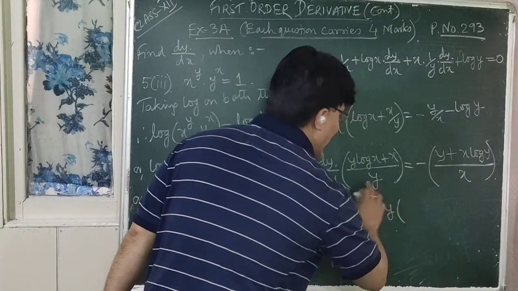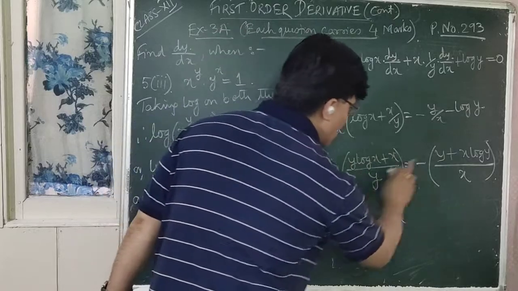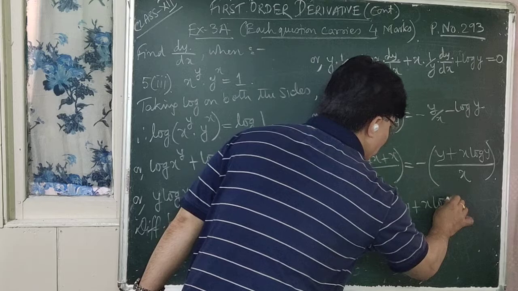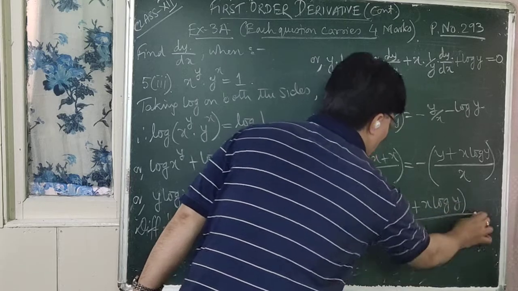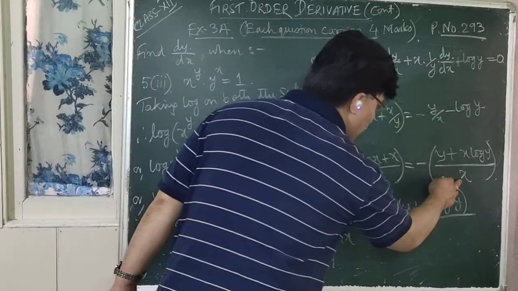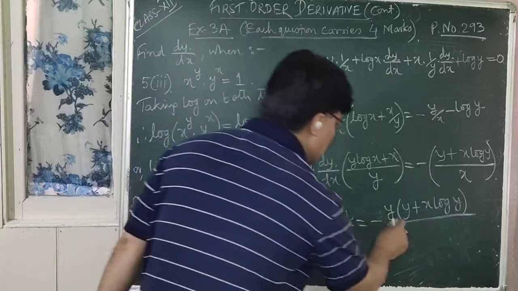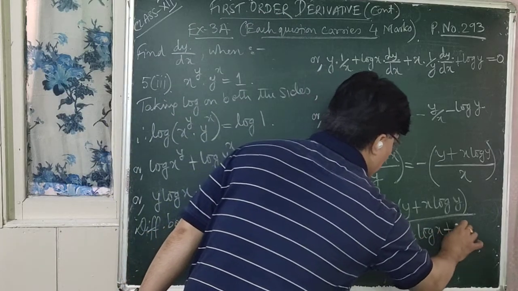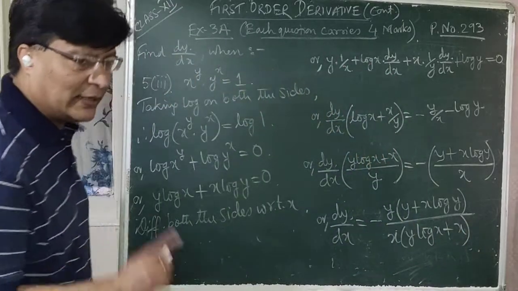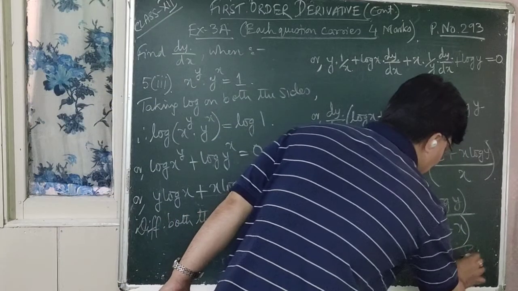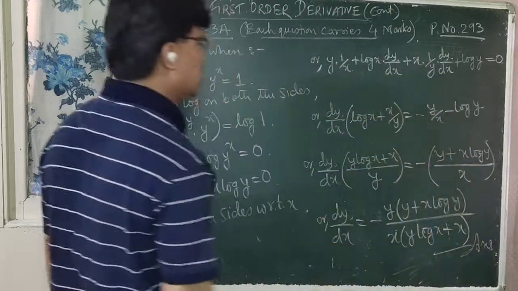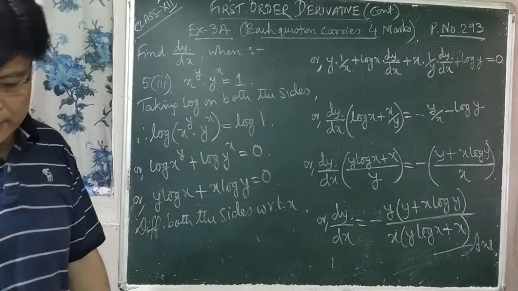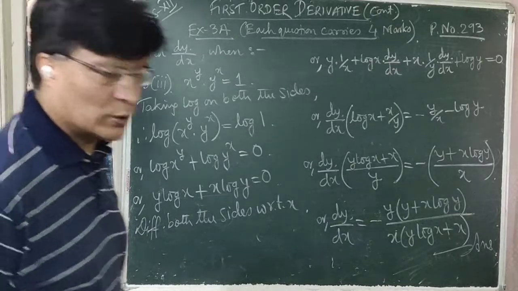Minus, cross multiply by y here: y into y plus x log y, this whole divided by, now cross multiply x by this numerator, that is x within bracket y log x plus x. So this is the final answer. I think you have understood it. So we can copy it. We'll do the next question.